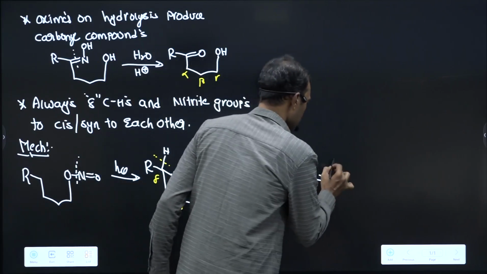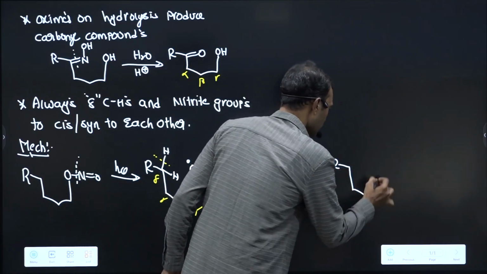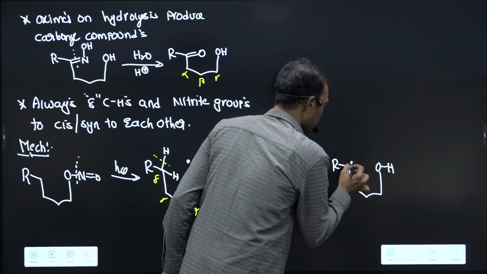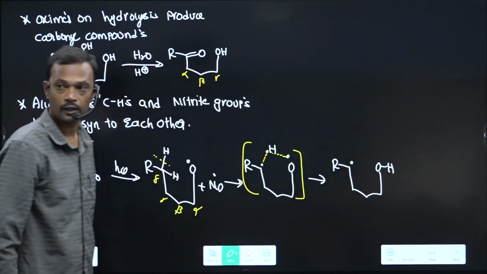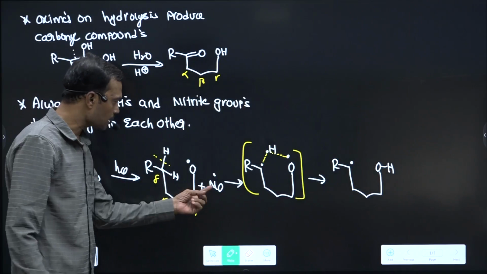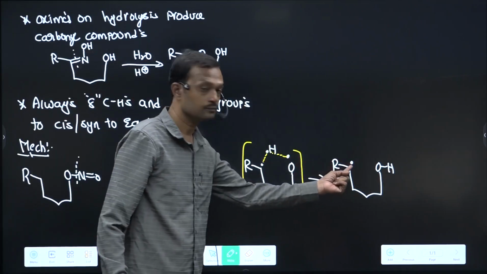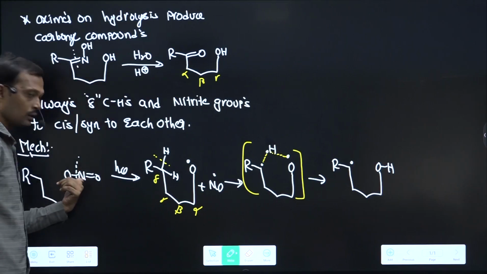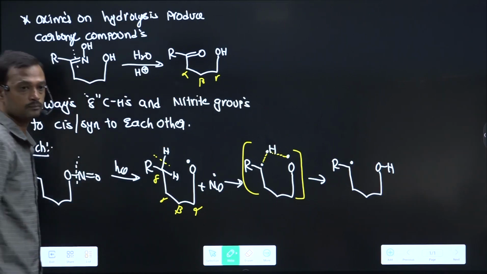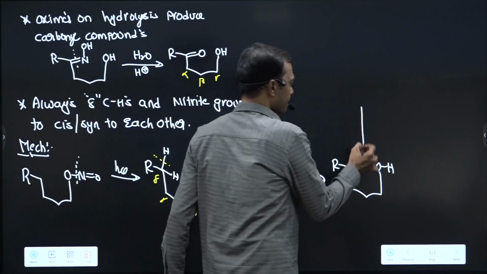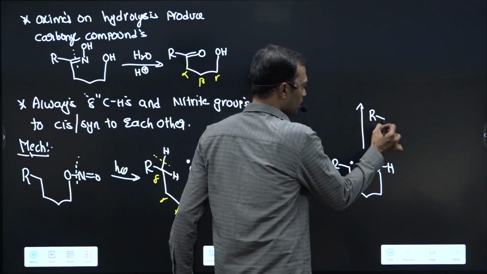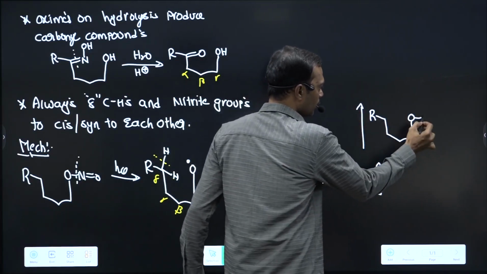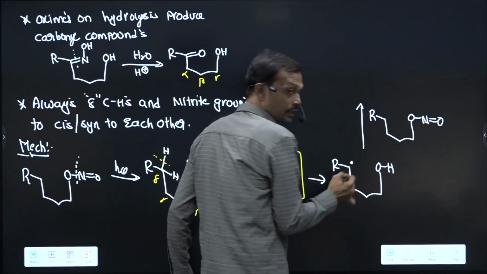So after that, there is a formation of hydroxy and a radical here. Right? Then this nitrosyl is never transferred here. The second molecule of this one, nitrosyl will transfer over there. See, here I am writing R, here I am writing NO. Already radical is there.